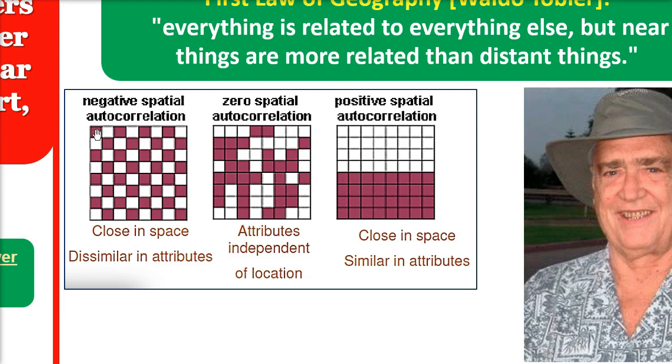Positive spatial autocorrelation. When you go to the other figure, which is the negative spatial autocorrelation, there are different colors in every block. That is, they are close in space, but the dissimilarity in attributes is shown here. So we have similarity when things are closer. We have dissimilarity when they are closer, but they have dissimilarity in their attributes.